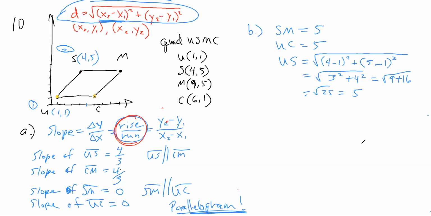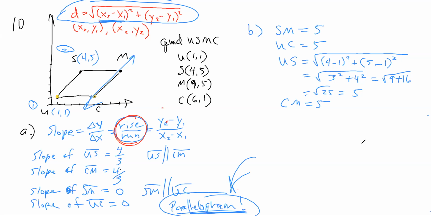Now, we already showed these were parallel, so I don't have to do anything else. I can just say CM, this one over here, is parallel. I know that, and so it's got to have the same slope. Or sorry, they're congruent sides is what I should be saying. I started saying slope, but they're parallelograms. We've shown it's a parallelogram right here, and parallelograms have congruent sides.